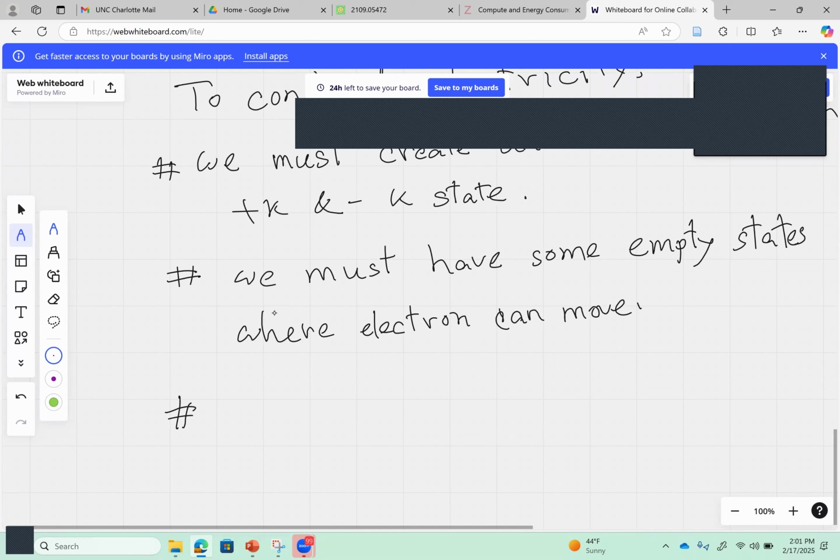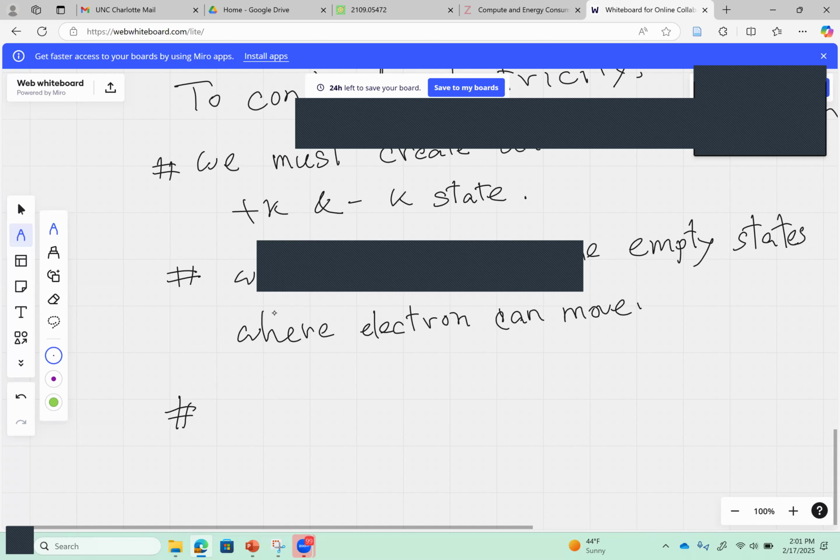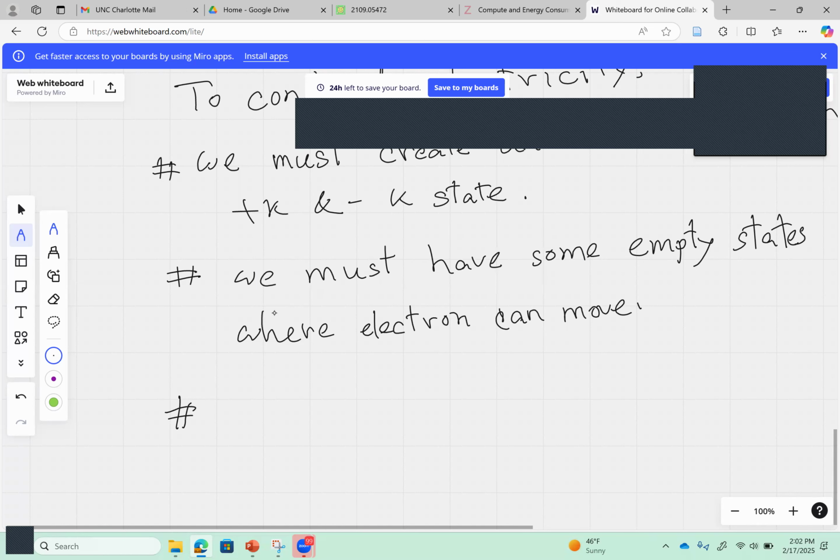And the third thing is, I say that you can excite an electron to go from a lower energy level to a higher energy level, right? By applying heat. So tell me the following.